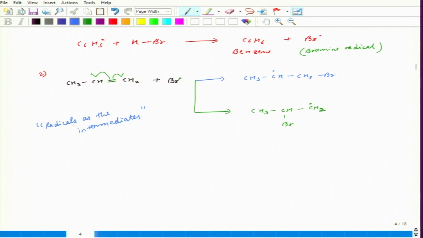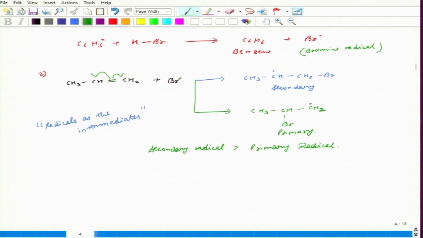If radicals are the intermediates, now we know this is a secondary radical and this one is the primary radical. The secondary radical is more stable than the primary radical. Okay. The secondary radicals are more stable than the primary radical.